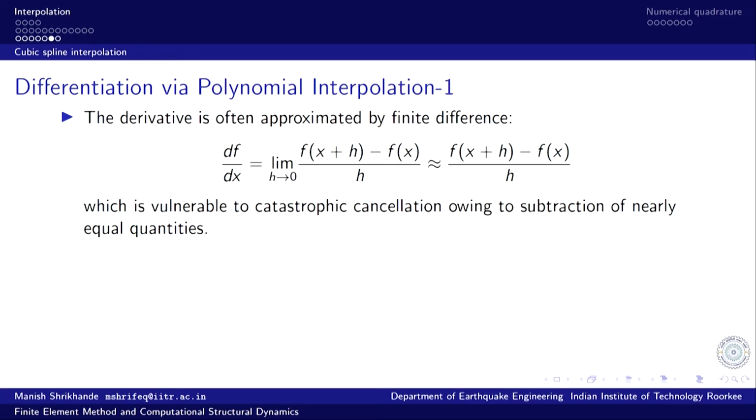Now, while we were discussing floating point operation, we also saw that the difference between two numbers which are nearly equal always leads to catastrophic cancellation and severe loss of precision, and this is what happens in the finite difference approximation for computation of derivatives. f(x+h) is not going to be very different from f(x).